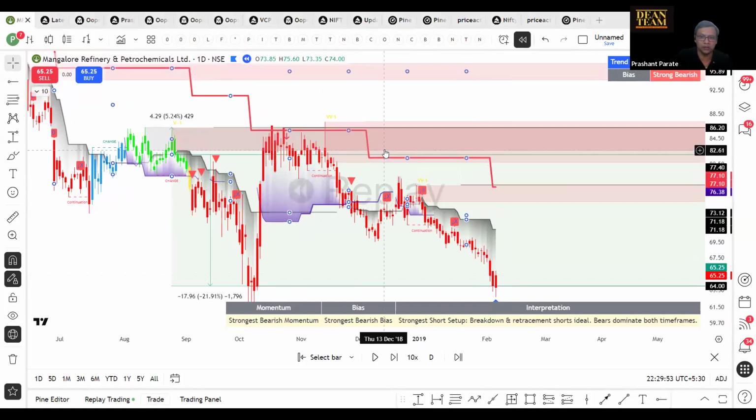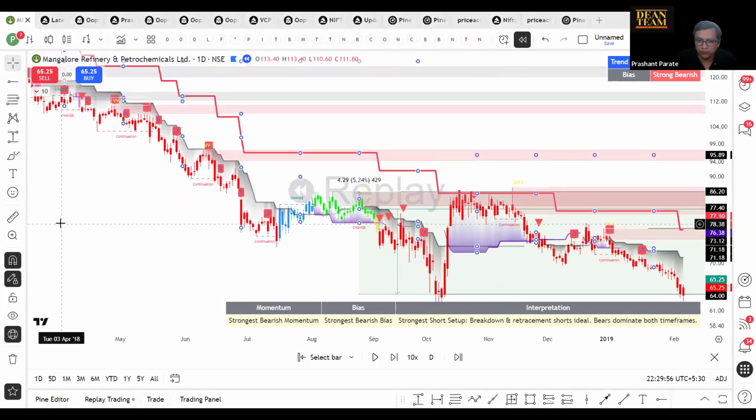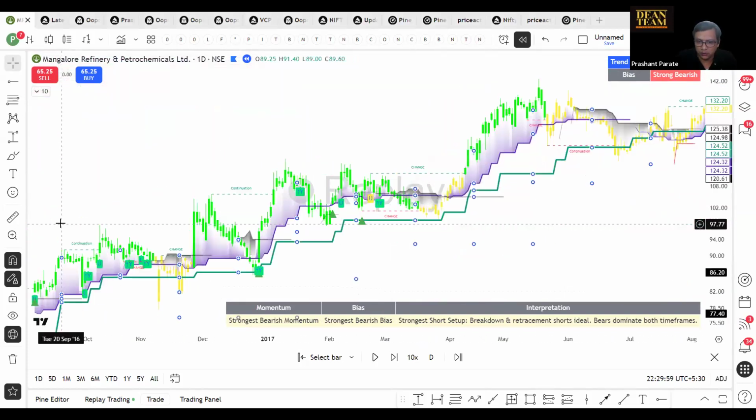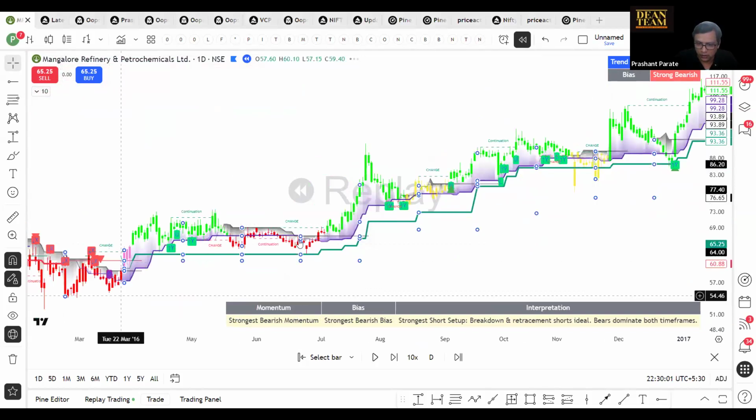Now let me explain long and short. What is the meaning of long? Suppose here, we have a green color, right? Our entry will be on retracement. Suppose we buy here on retracement, with the stop loss below this. Or there is green color here and a retracement, and we get an opportunity to buy somewhere here, or there are momentum signals and we buy somewhere here.